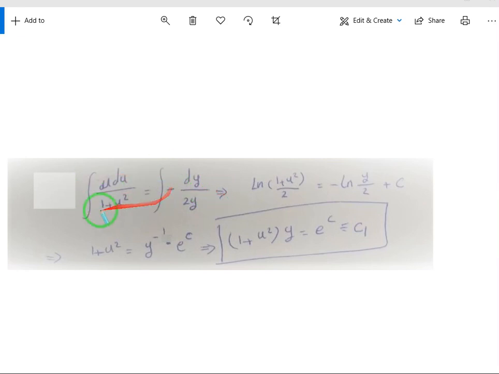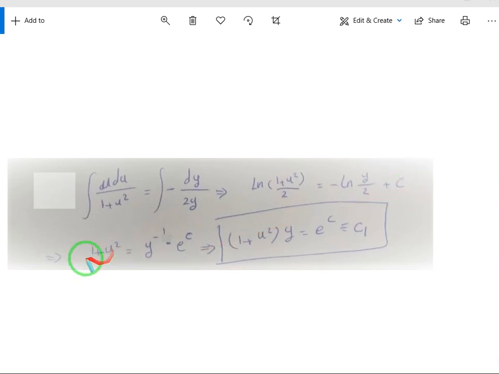If we do the integrations, we can show that the natural logarithm of 1 plus u squared, all of them over 2, is equal to minus the logarithm of y over 2 plus a constant number, name it c.